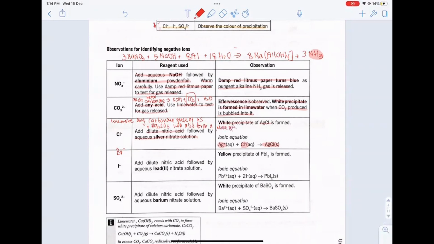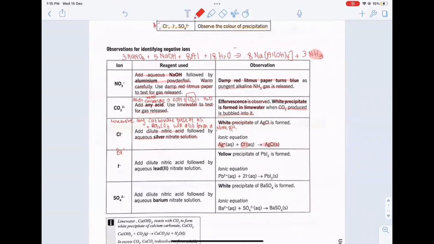Then you have positive results for Cl- when Cl- is not present, because it is carbonate that is present instead, right? So we don't want to have this kind of false positive. So that's why we first add in dilute nitric acid so that the acid can react with the carbonate and release CO2. Okay, so that after that, when we add in aqueous silver nitrate, any white precipitate that is formed is only due to the presence of Cl-.